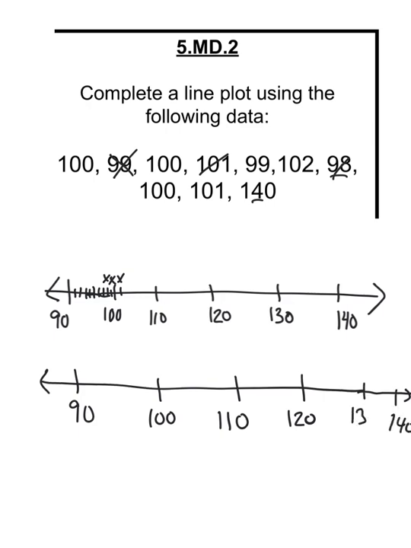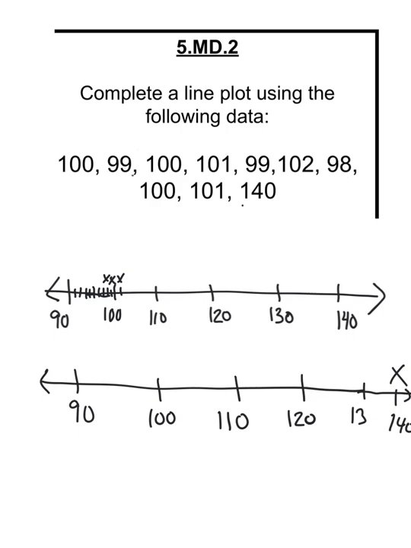And it kind of doesn't matter if things are squished over on this side of my line plot, because I don't have any data in this area. My data is more clustered around this part of the line plot. Okay, so there's my 140. It's hard to stay organized when you're crossing things out and starting over.